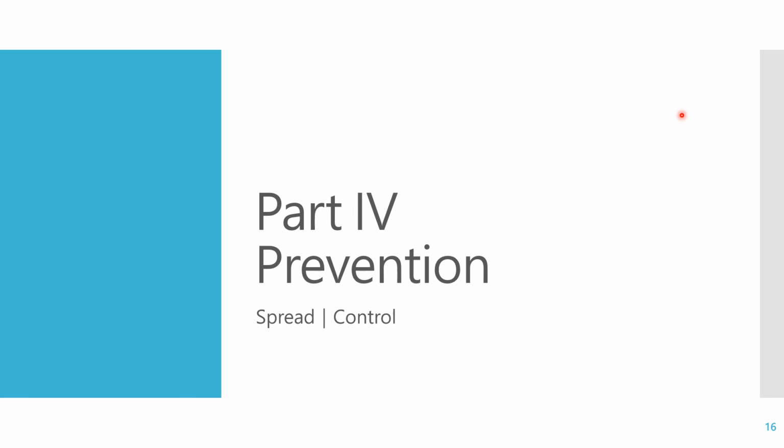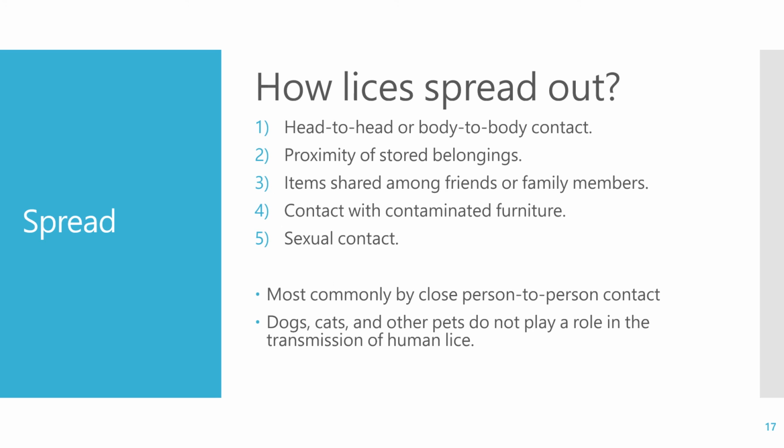Part 4, prevention. We are going to know how lice spread and how to prevent lice. Lice infection is spread most commonly by close person-to-person contact. Cats and other pets do not play a role in transmission of human lice. These 5 points are easy to understand.